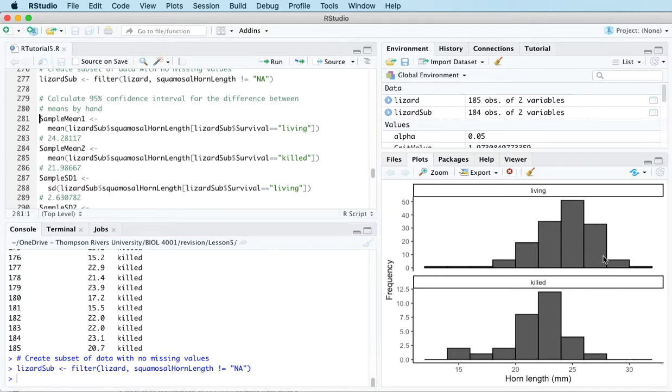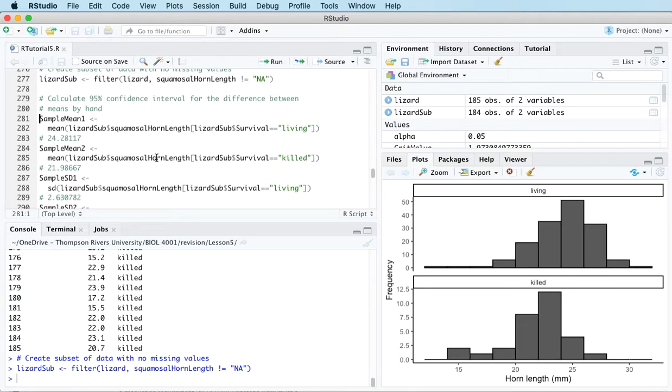We saw in the histograms that there appeared to be a difference in the distribution of the horn lengths, and if we think about the population mean horn length for living lizards and killed lizards, the question that we're trying to answer here is, does it appear that there's a difference in the population means? So one way to address that question is with a confidence interval.